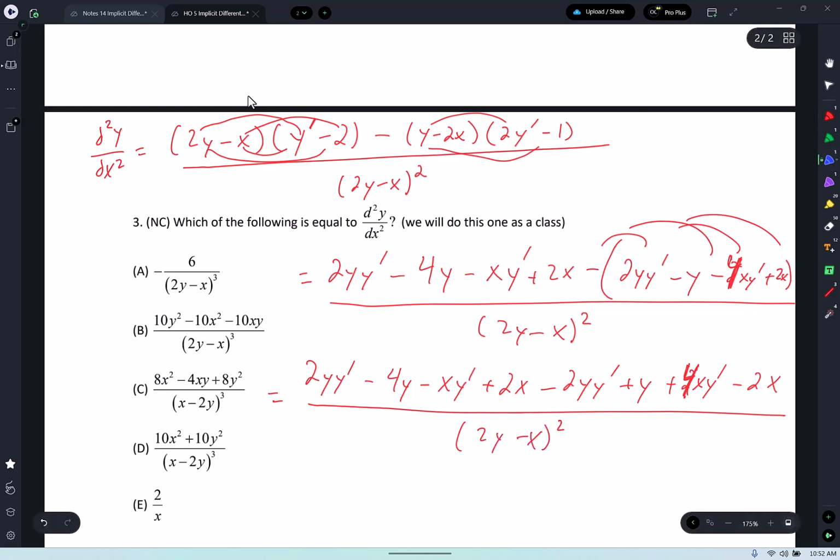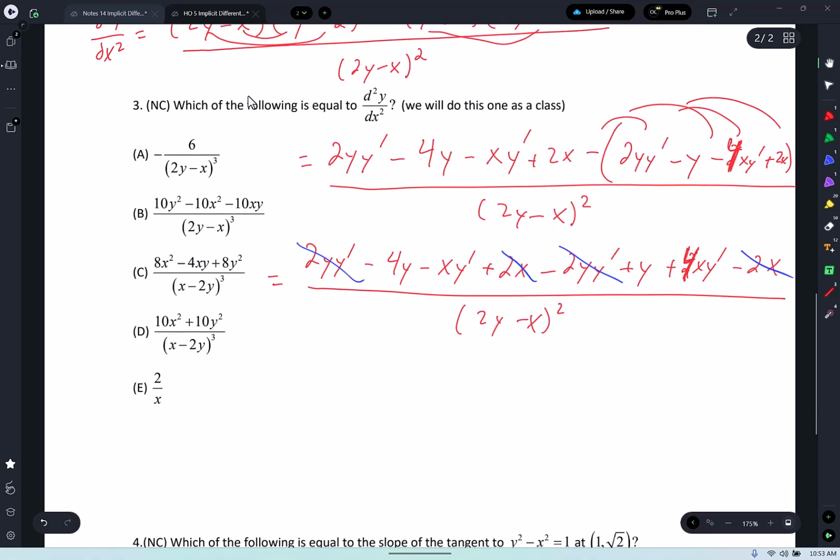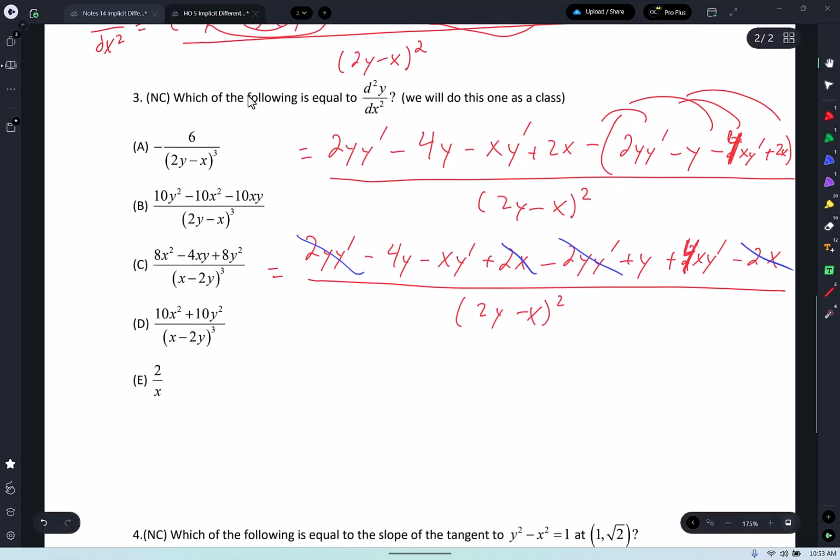All right. Let's see. 2y prime and negative 2y prime, zero out. What else zeros out? The 2x zeros out. That's it, right? Okay, and there's only one y prime that I got to do.